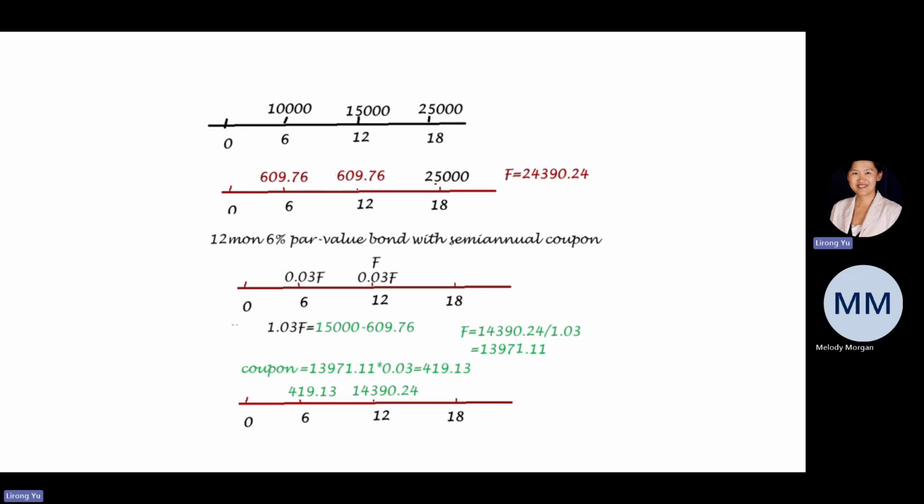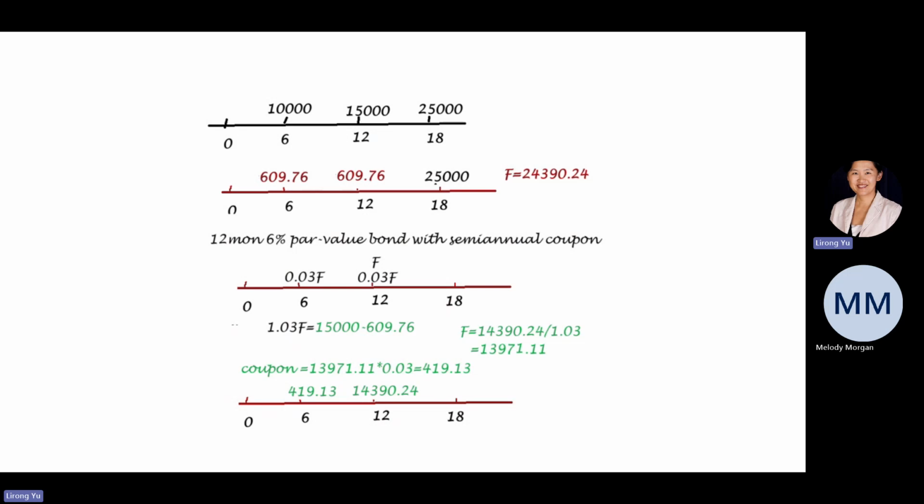Now let's look at the 12 months par value bond. All right, so now we are able to cover the 18 months liability, and the asset matches up. Now we want to match what happened at 12 months. The 18 months bond already has a cash flow of 609, so we only have to cover the remaining portion. Are we okay there?